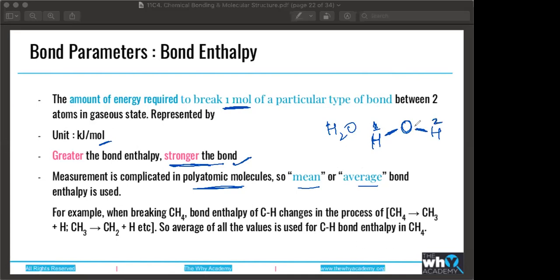Now, even though both these bonds are between hydrogen and oxygen, when you're practically measuring it, when you're giving energy, be it electrical or heat or whichever way, and you break one bond, you measure a certain energy, let's say E1. Then when you go ahead and break the other bond and measure E2, both of them have completely different values.